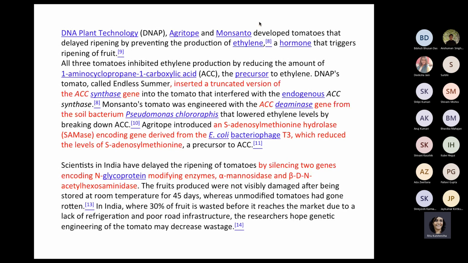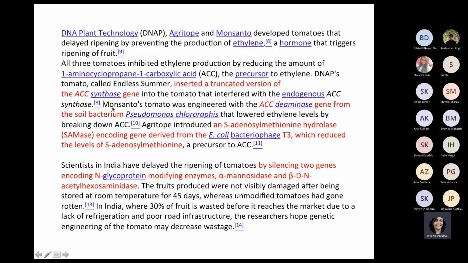So see, these two companies, Agritope and Monsanto, what they did was that they delayed the ripening by preventing the production of ethylene that I just told you. So what they did was that they inserted a truncated version of ACC synthase into the tomato that interfered with the endogenous ACC synthase.